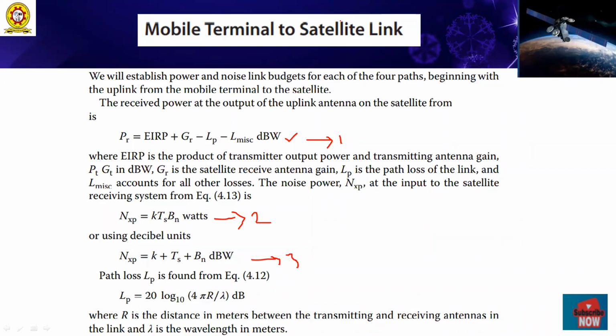So the path loss from equation number 3 is evaluated by equation number 4, which equals 20 log 4 pi r by lambda, where r is the distance between the transmitting and receiving equipment, whereas lambda equals wavelength. So this is how to establish the path loss.